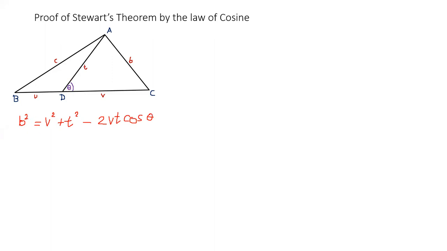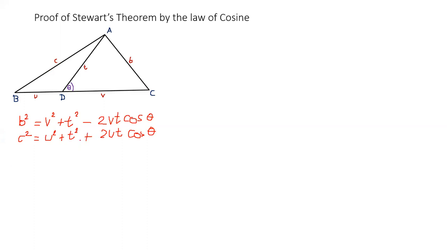And according to the cosine rule, C squared equals U squared plus T squared plus 2 U T cos theta. Oh, I mean plus here.